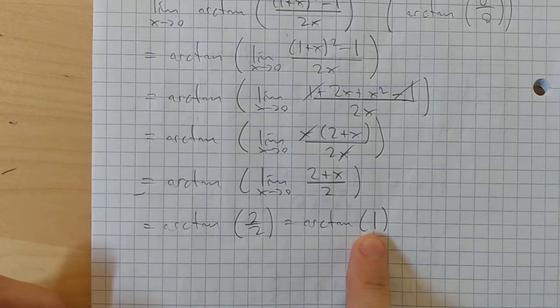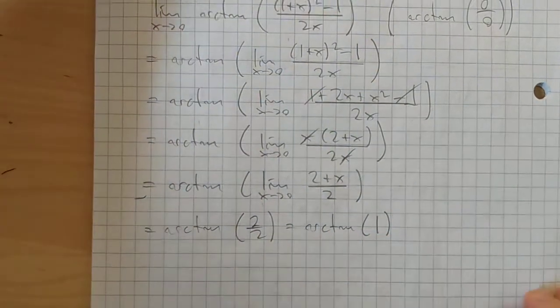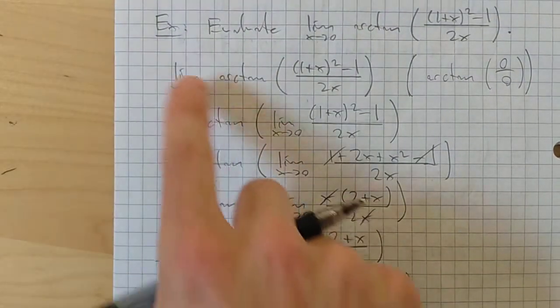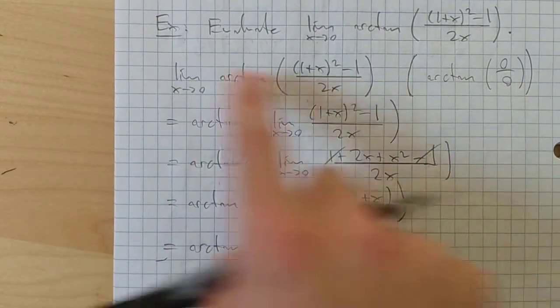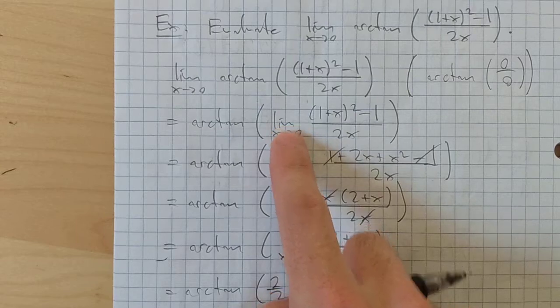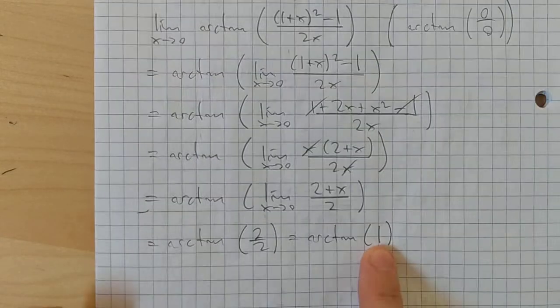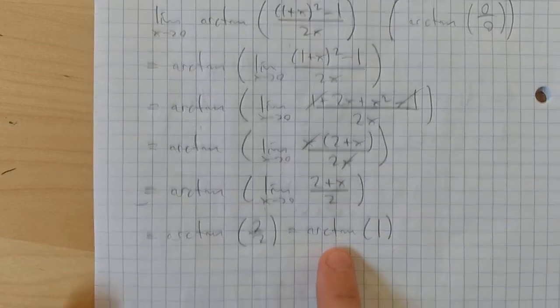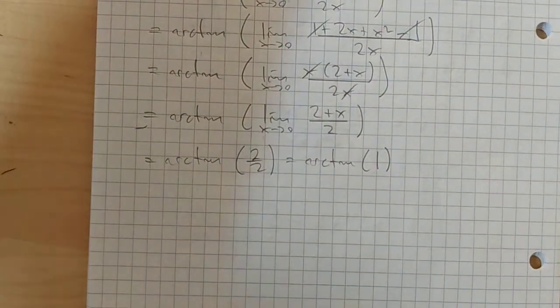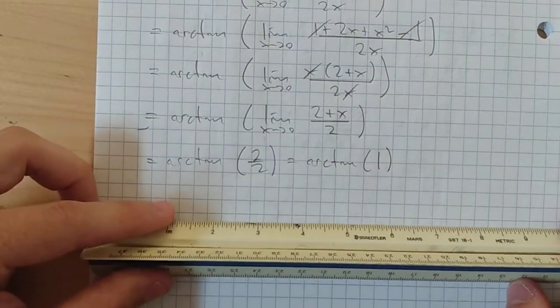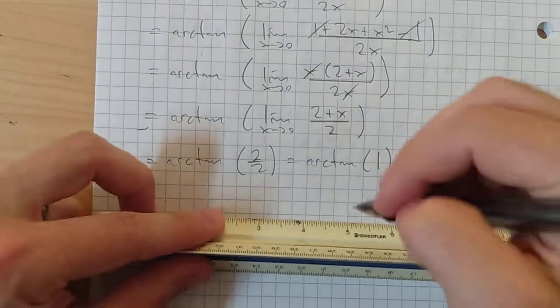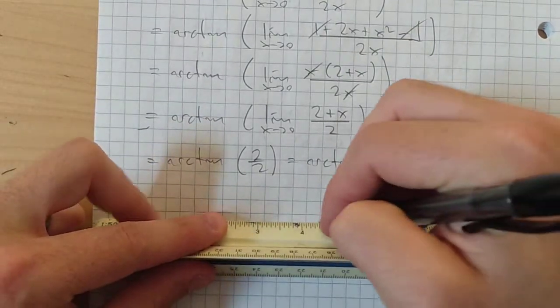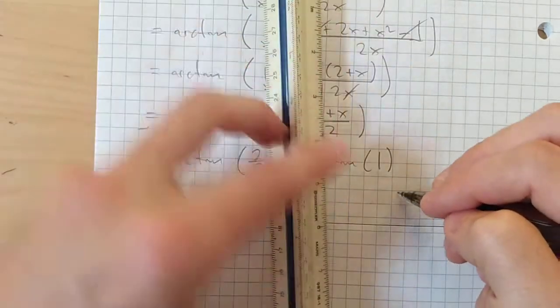And now I see, okay, in order for my first step, when I move this limit in, to be justified, I know that this first step was justified so long as this value I got on my inside limit is a value at which arctan is continuous. But if you look at the graph of arctan, maybe I'll remind you, the graph of arctan looks like this.